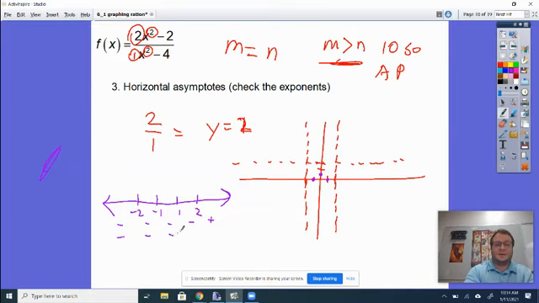Again, just get this nice stair-step pattern. Negative, negative, positive, positive, positive. And this is going to be my last one. We're always going to have one less than the number of columns. Okay, so out here, I'm going to have positive.